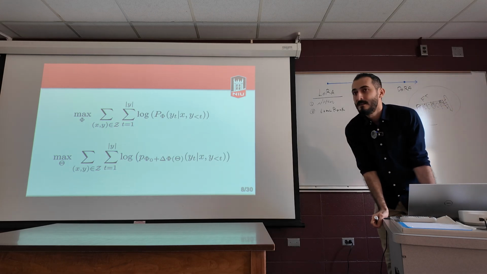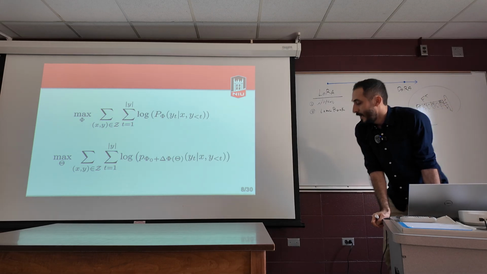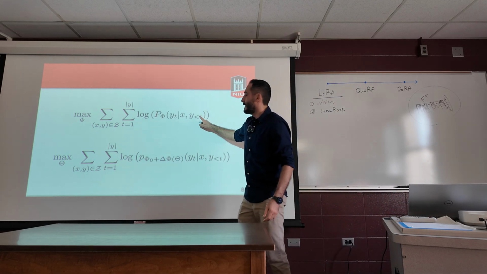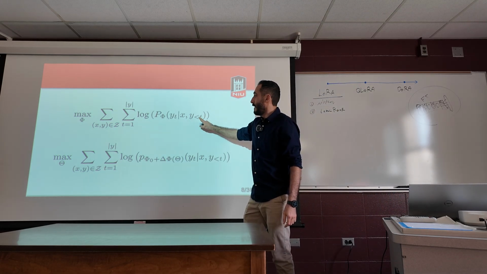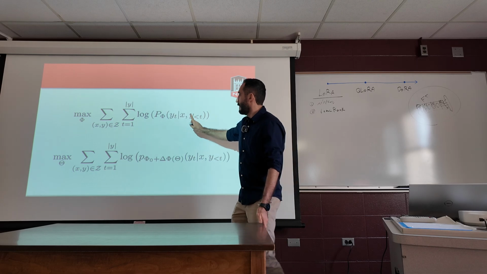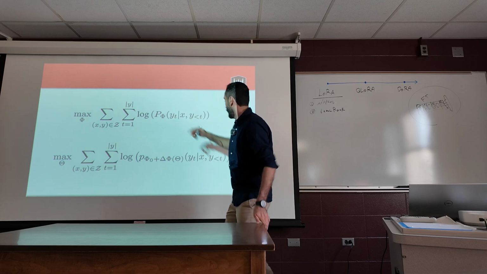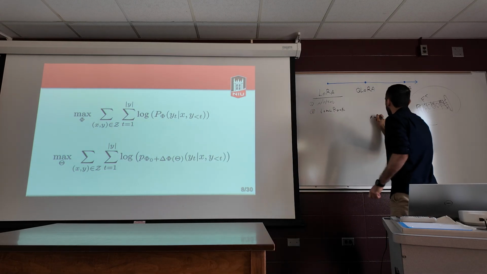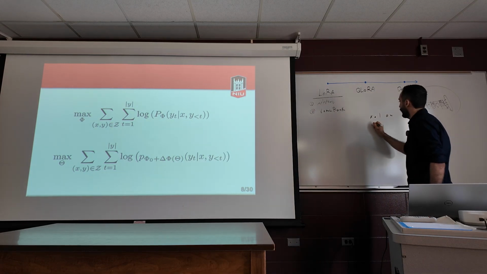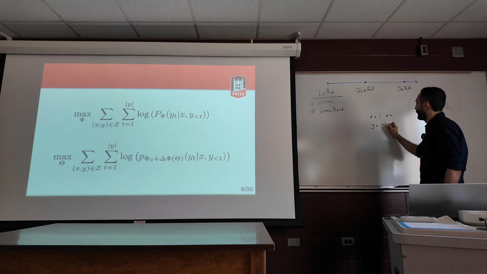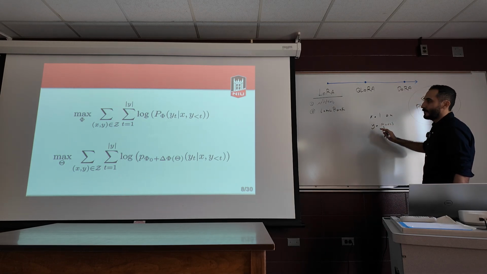T here is the number of tokens, which means y is the target and x is the input sentence. For example, let me show. X, for example, is "I am", and Y should be, for example, Mosab.